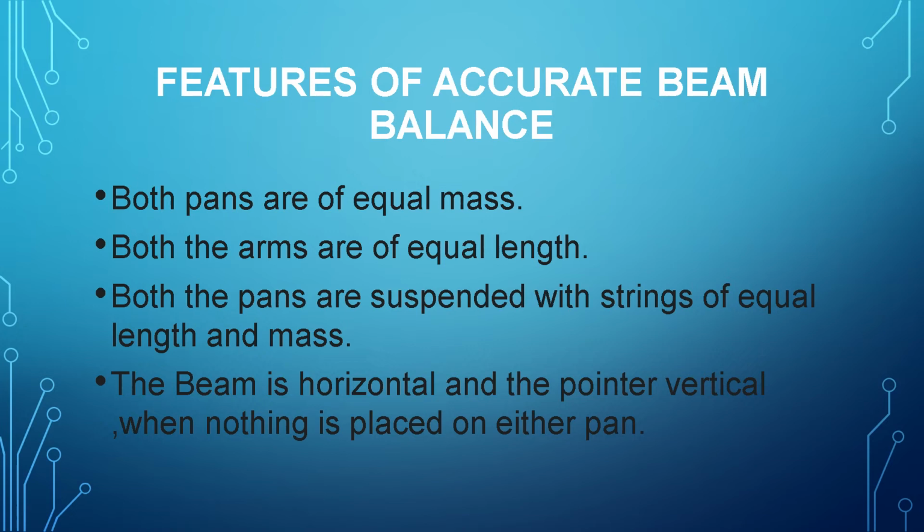And fourth, the beam is horizontal and the pointer is vertical when nothing is placed on either pan. So when both the pans are empty, the beam should be horizontal and the pointer should be vertical. If the beam is slanting to any one side, then this beam balance is not accurate, but it should be horizontal.